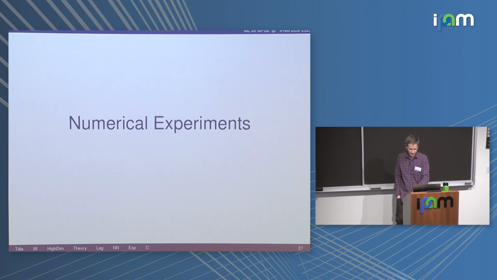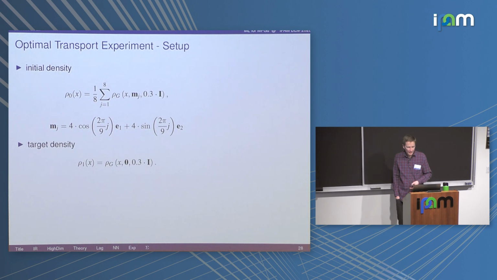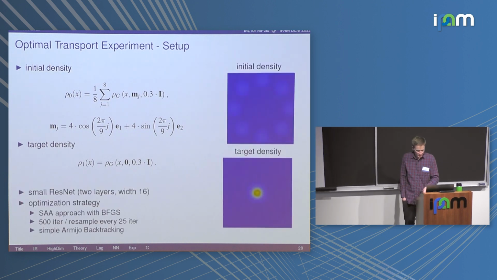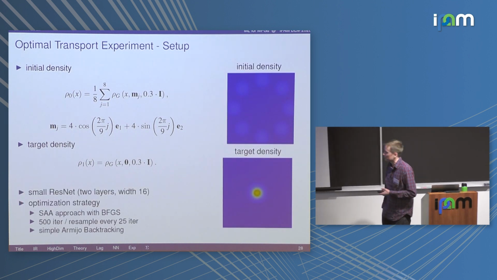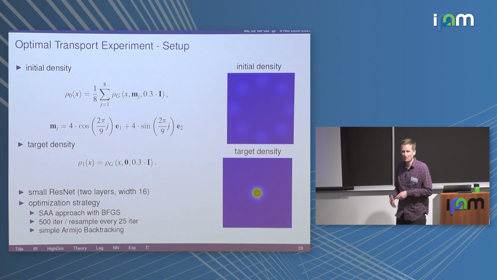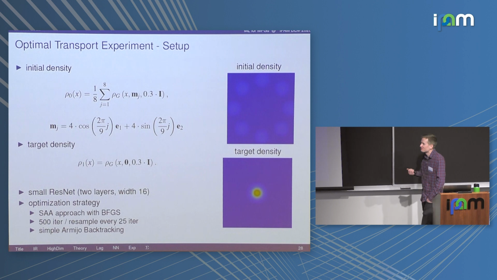Okay, so a few pictures. How would that work? One thing we realized is that we wanted to solve an OT problem in a high-dimensional space. Unfortunately, none of our friends in radiology could give us a 100-dimensional CT image. So we had to think hard about what we could even test.